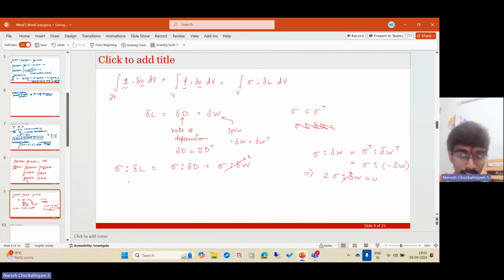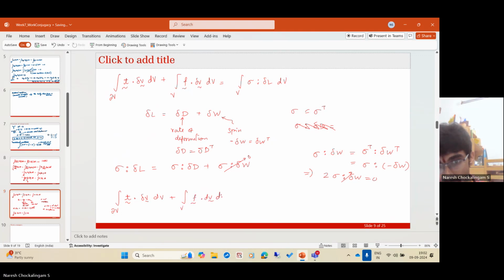Therefore, finally, the principle of virtual work for a continuum can be written as: integrated over the surface, the virtual work done by the tractions, plus integrated over the volume, the virtual work done by the body forces, is equal to the integral over the volume of σ double dot δD dV.